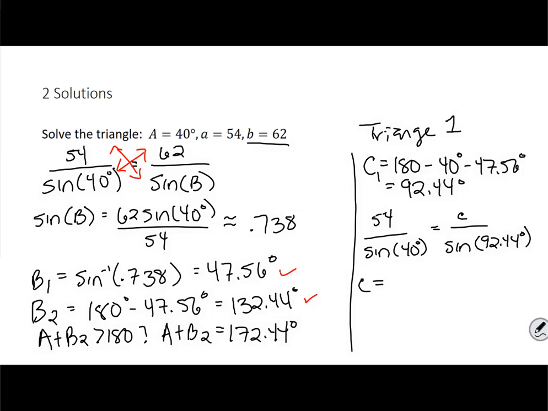So little c1 equals 54 times sine of 92.44 degrees divided by sine of 40 degrees.